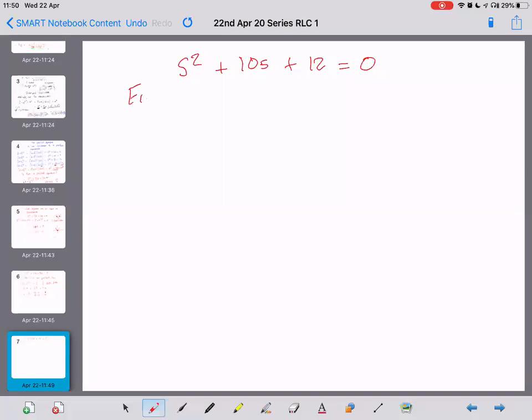First of all, is the left-hand side a perfect square?